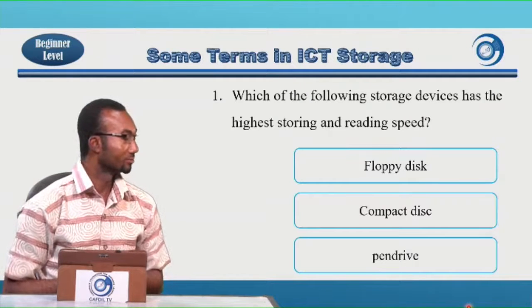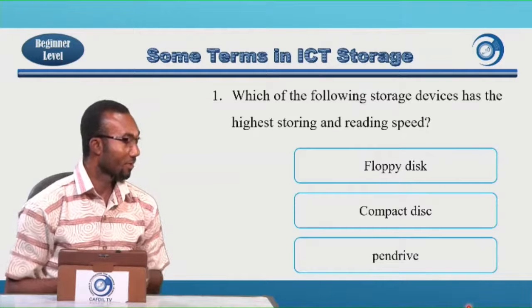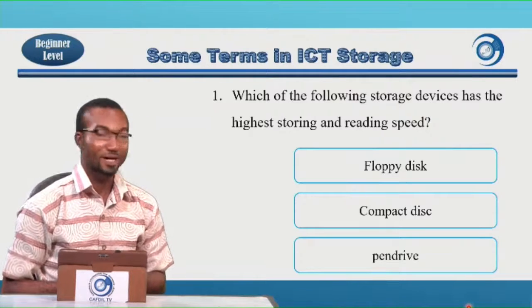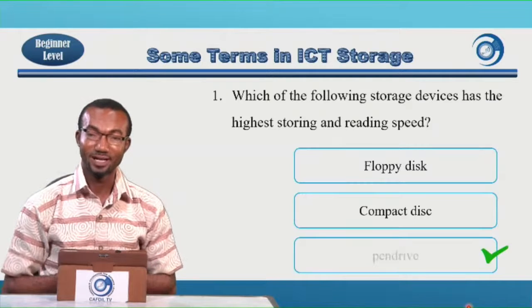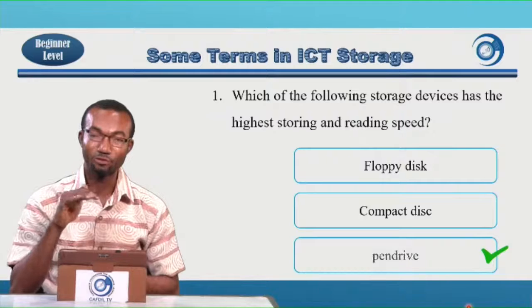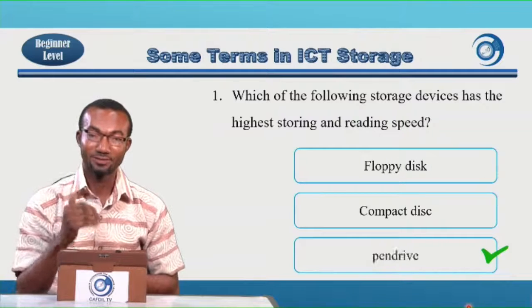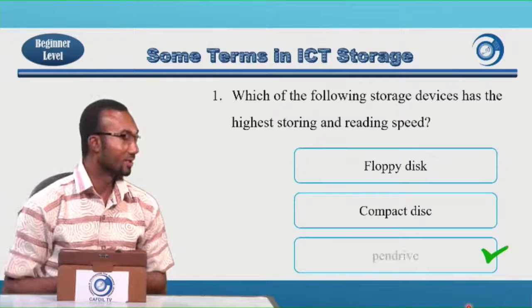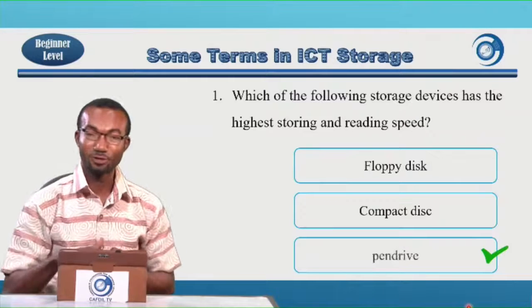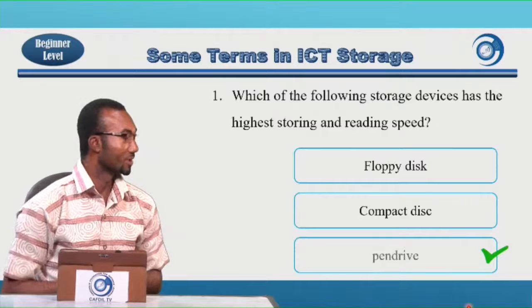So which of them has the highest storing and reading speed? We have floppy disk, we have compact disk, we have pen drive. Good. The highest is pen drive. After pen drive we had memory card, and then it came to CD. Floppy disk wasn't part, but floppy disk is the lowest.